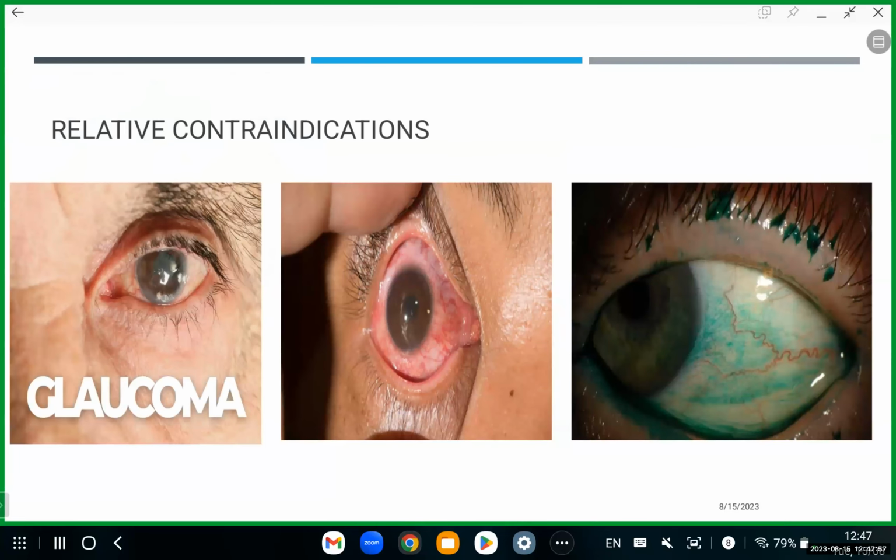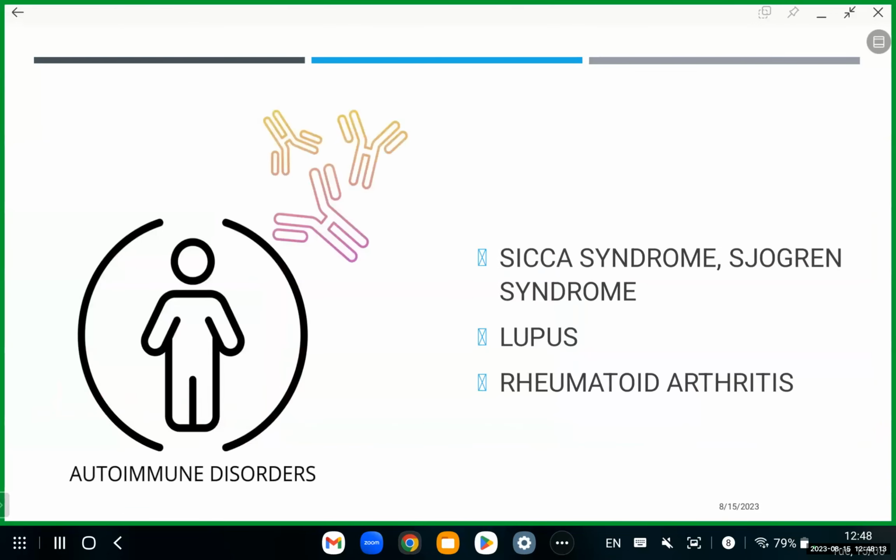Relative contraindications regarding these refractive surgeries are, first of all, glaucoma or glaucoma suspects. In case of uveitis, severe dry eyes, procedures are contraindicated.